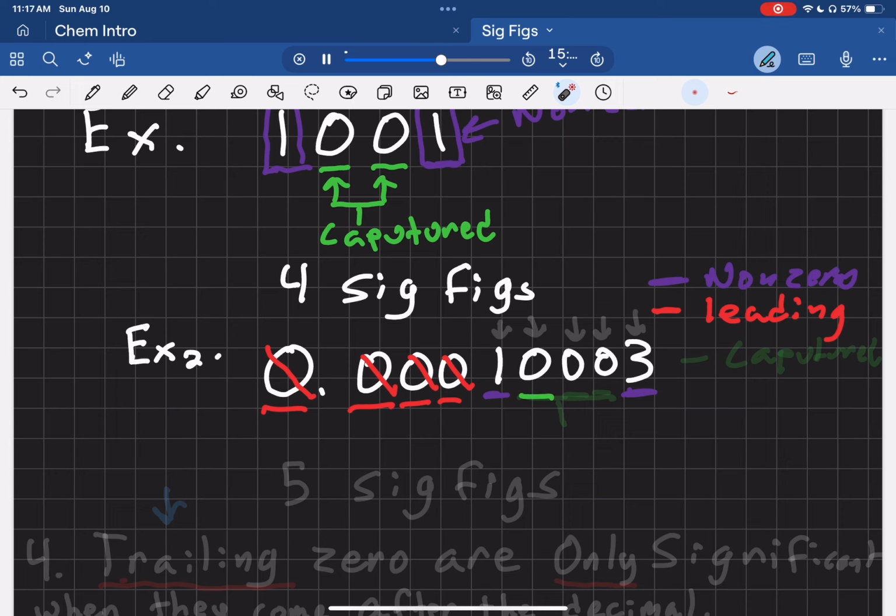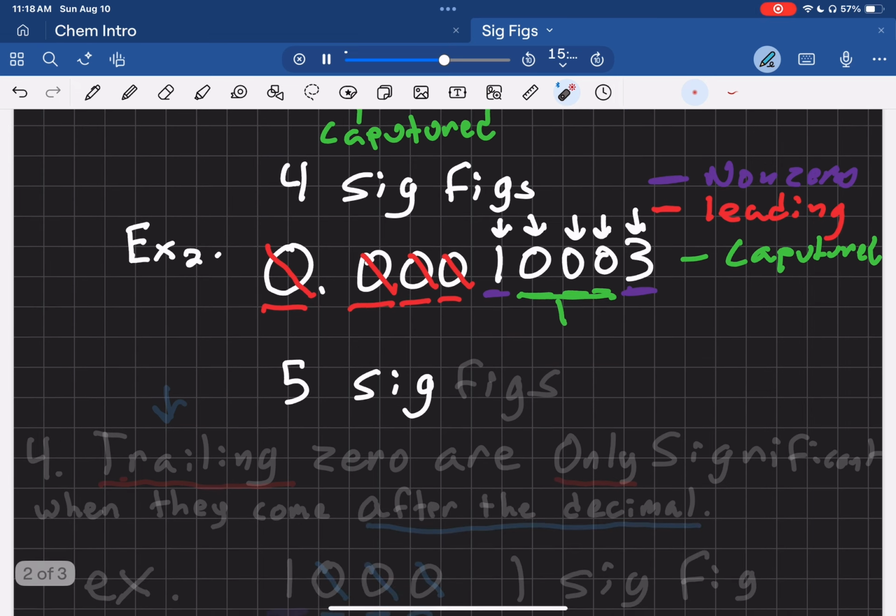Well, these are all captured zeros. And we know those are significant. So altogether in this number, we have 1, 2, 3, 4, and 5. 5 sig figs.